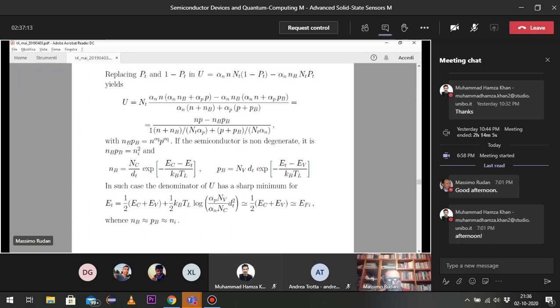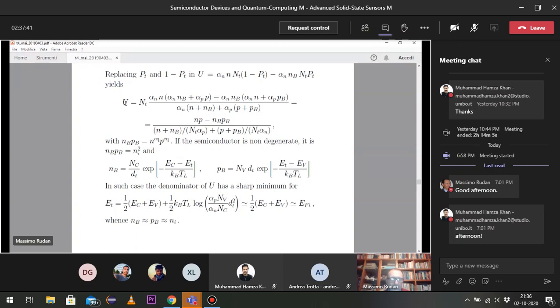So we may pursue this analysis. We say, let's take the value of the trap energy that provides the minimum of the denominator. For that energy, since the denominator is a minimum, U will be a maximum, okay?